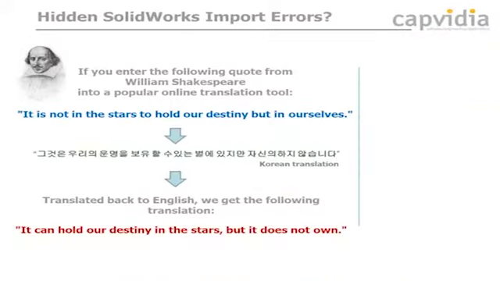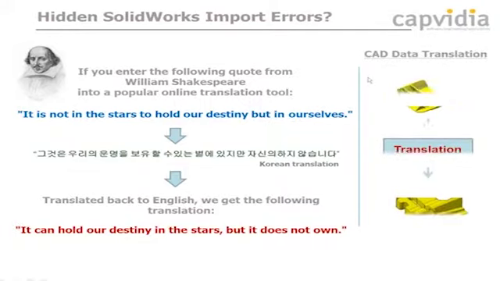Hidden SolidWorks import errors. I think it's useful to give you an analogy here of English translation. If you take the William Shakespeare quote, "It is not in the stars to hold our destiny, but in ourselves," and you run that through an online translation tool into Korean and spit it back out in English, it's quite different.